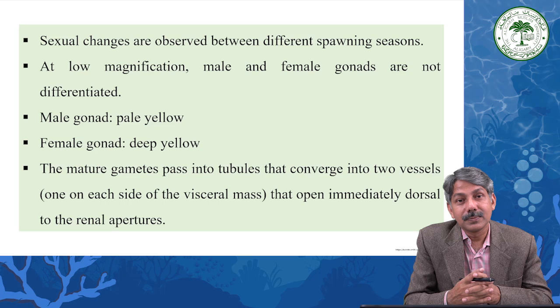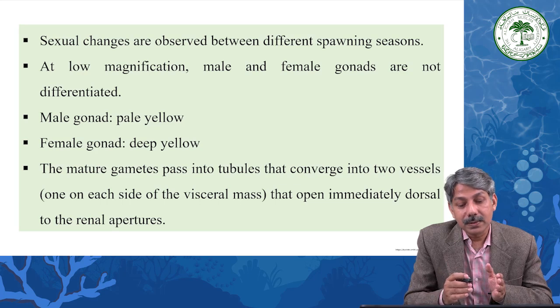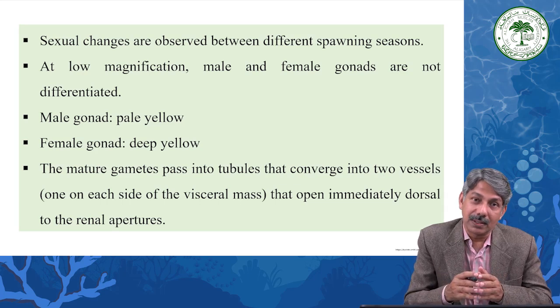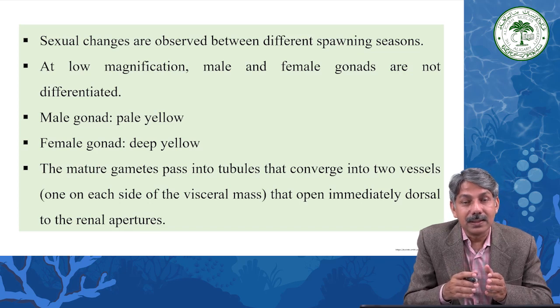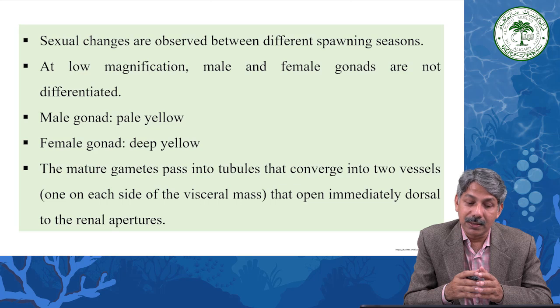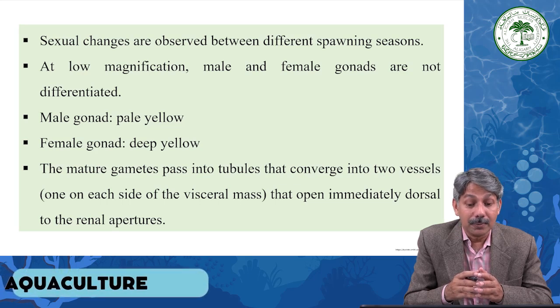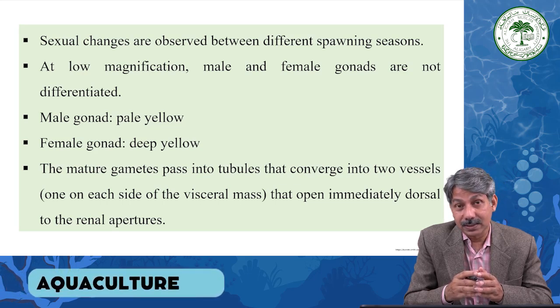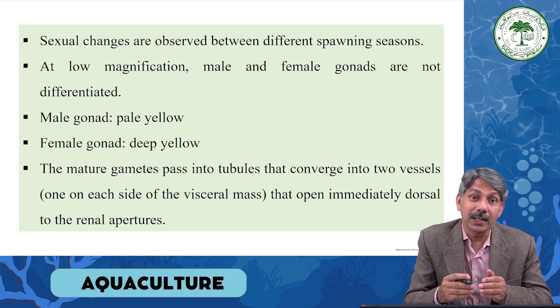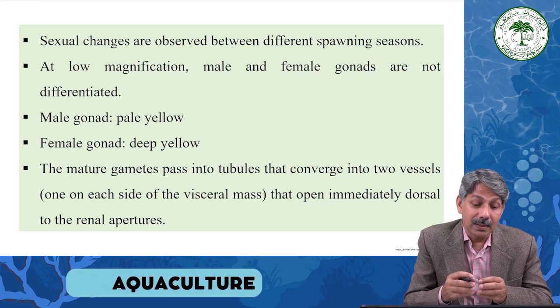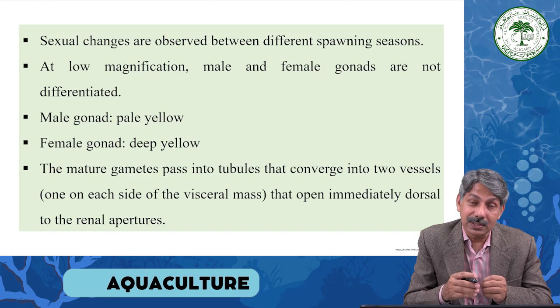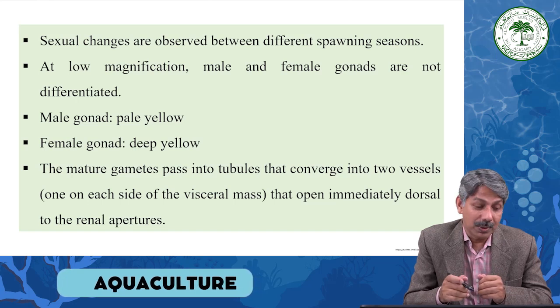The sex composition of the population of one stock from one region, you may get that male to female ratio changing in different spawning seasons. Sometimes pre-spawning and post-spawning sex ratio becomes different, and that is one of the peculiar features that the Pinctada fucata natural population shows.